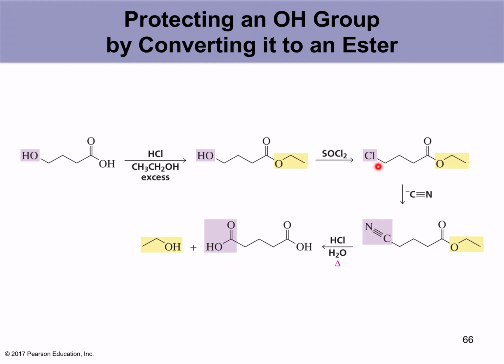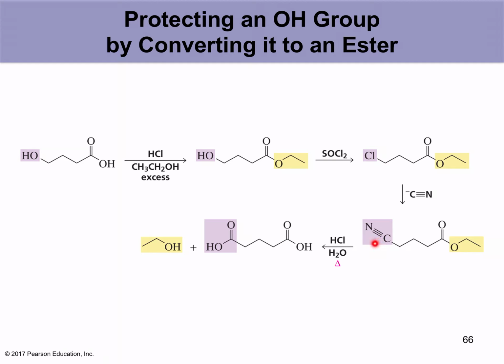And then if you want to do further reactions with this chloride, you can react with another nucleophile like the cyanide group. So the cyanide will react with this carbon in an SN2 fashion and leave chloride, and then attach the cyano group. And then if you want to hydrolyze the cyanide group to make it an acid, you can do that. If you want to reduce this to an amine group, you can do that also.